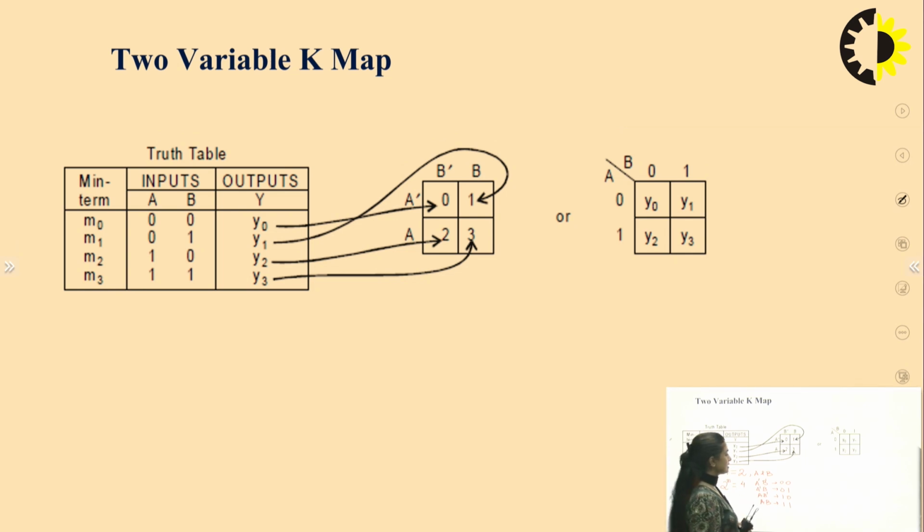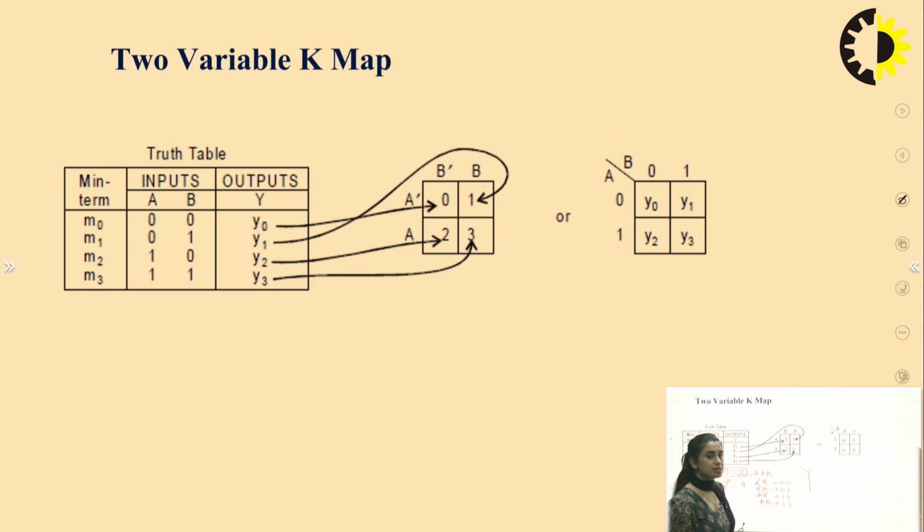So let's write it in a tabulated form. And how do I do it? We'll have A and B in the form 0 and 1. So let's make a square. First of all, we have to find how many variables? 2 variables. Then I'll have to make a square.